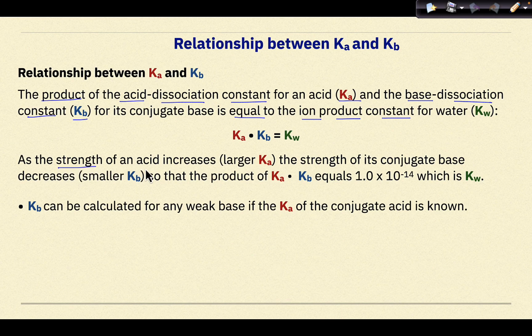As the strength of an acid increases, so a larger Ka, the strength of its conjugate base decreases, in other words, a smaller Kb, so that the product of Ka times Kb equals 1.0 times 10 to the negative 14, which is Kw. Kb can be calculated for any weak base if the Ka of the conjugate acid is known.